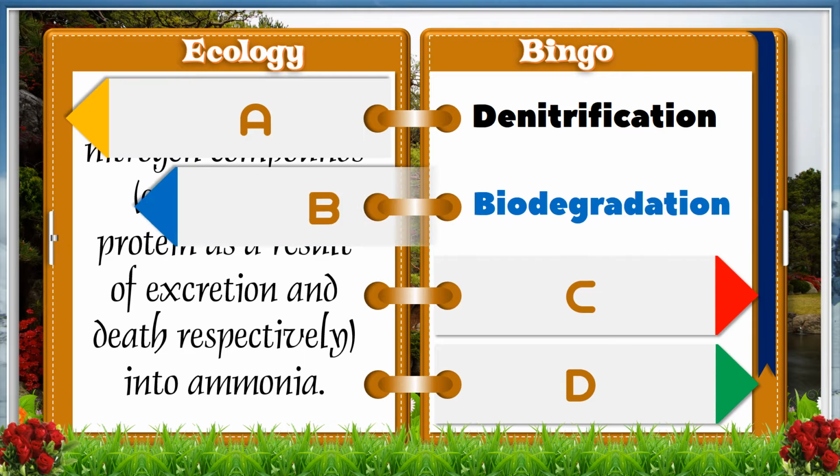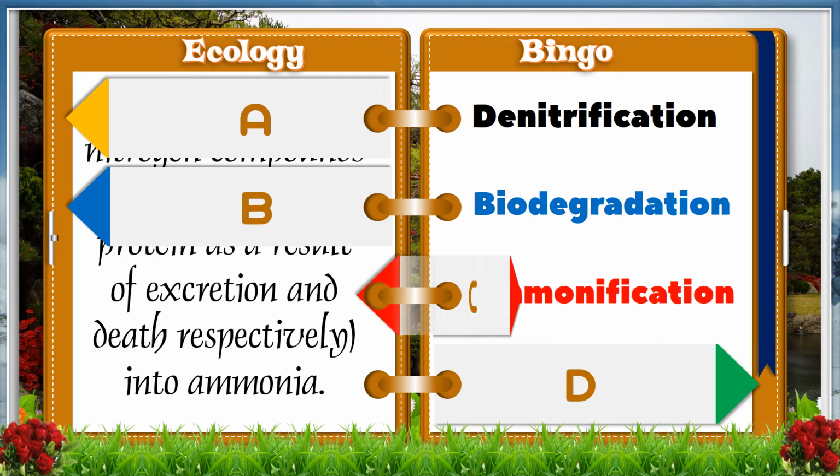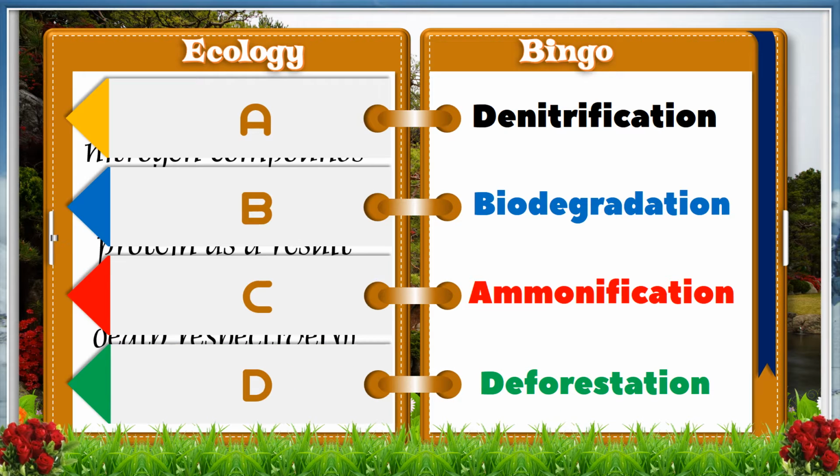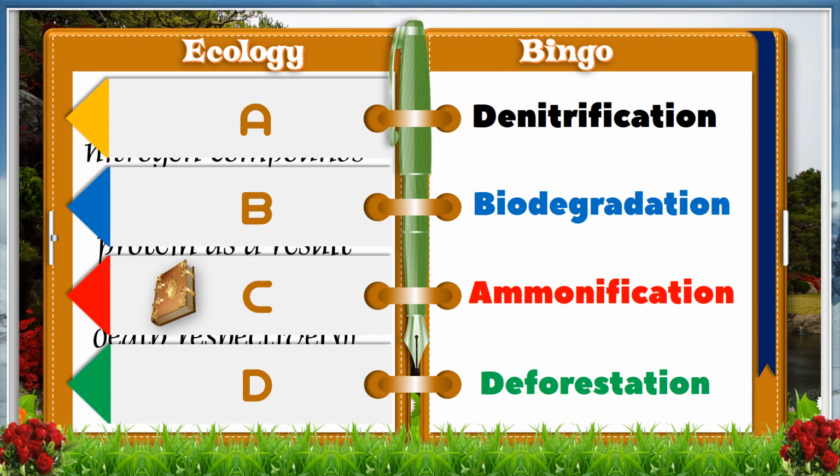B, biodegradation. C, ammonification. D, deforestation. The answer is C, ammonification.